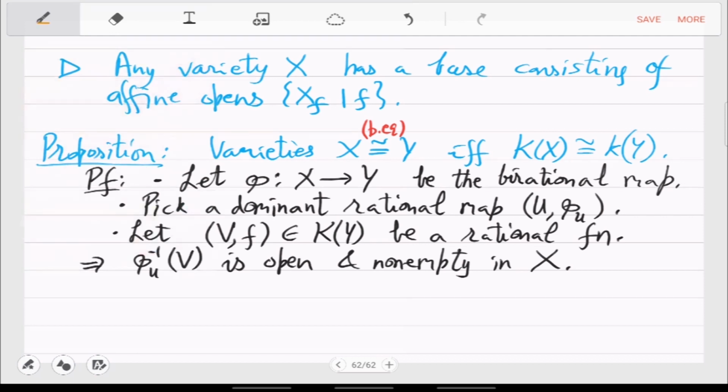So we have this. This is what we started with. And now V is open in Y. V intersection is open in V intersection what? phi_U of U. No, you can't take the intersection. phi_U intersection.